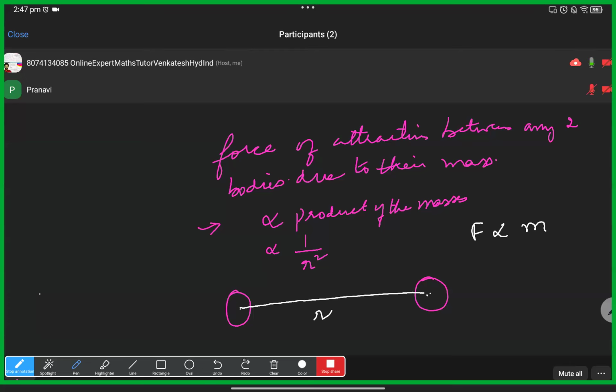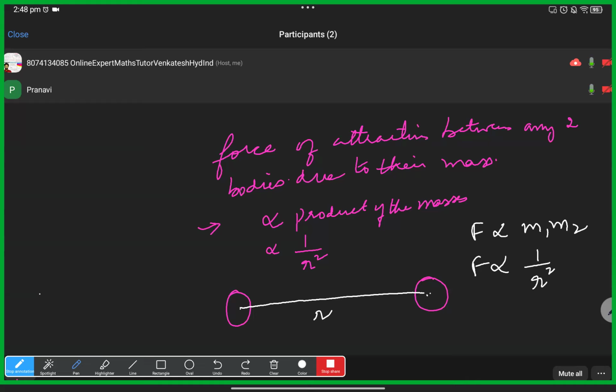Let us take the masses as M1, M2, where M1 and M2 are the masses of two bodies, and it is inversely proportional to the square of the distance between them. The law is defined that way, and the distance is measured from center to center of the two bodies.